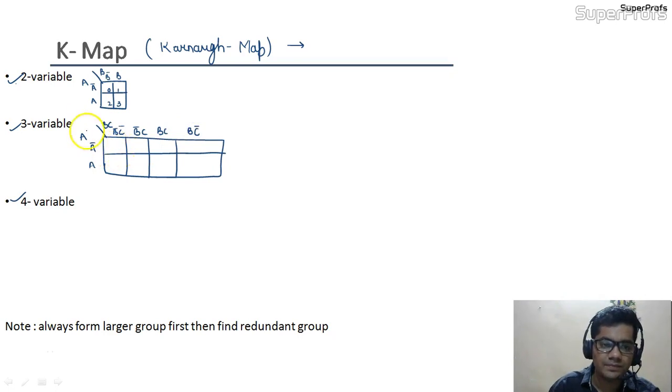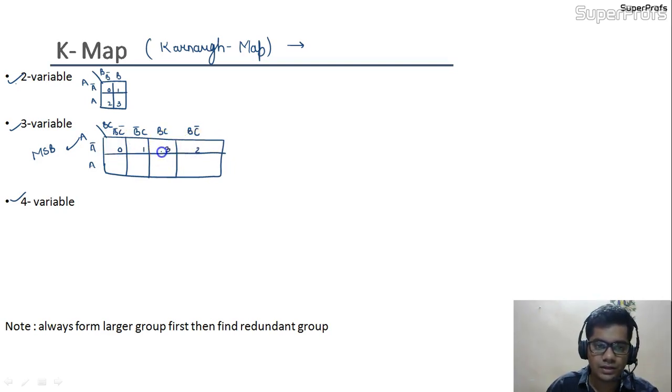If we take A as the MSB, most significant bit, the minterms would be 0, 1, 2, 3, 4, 5, 6, 7. We already know about the Kmap, but we are just revising some of the concepts related to it.